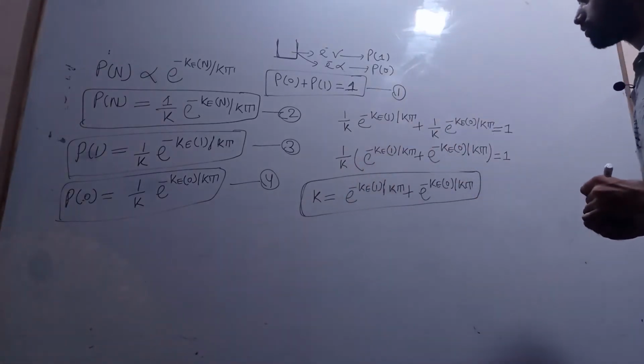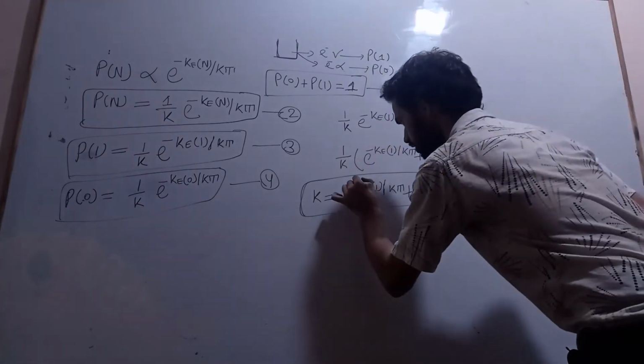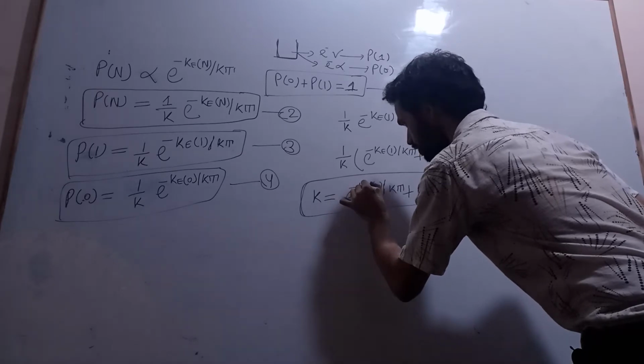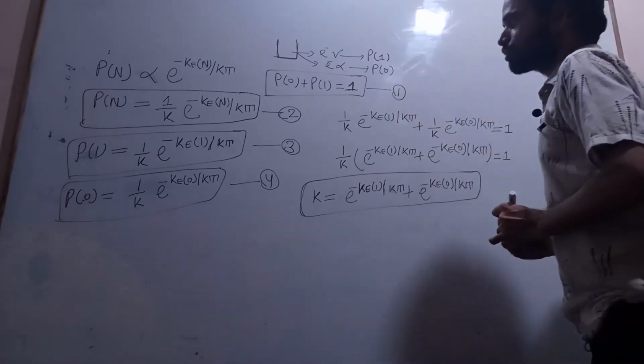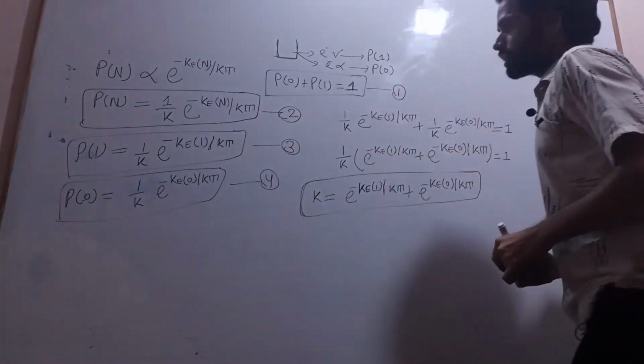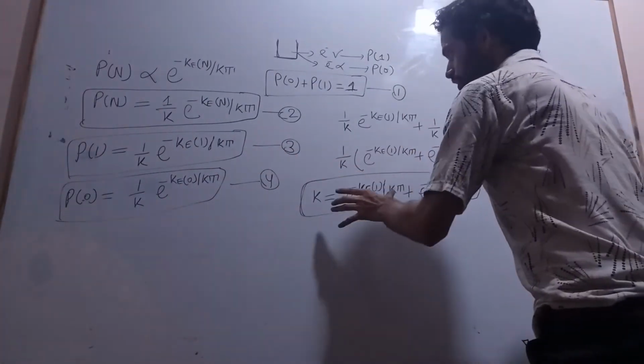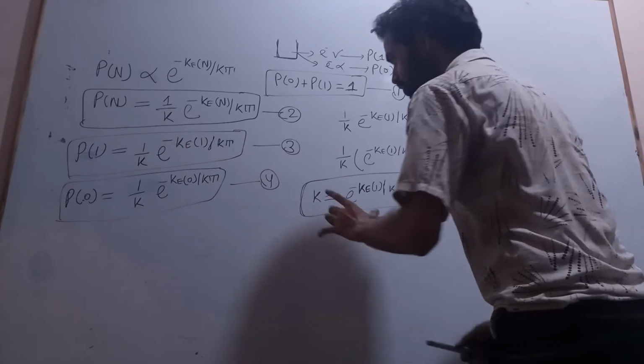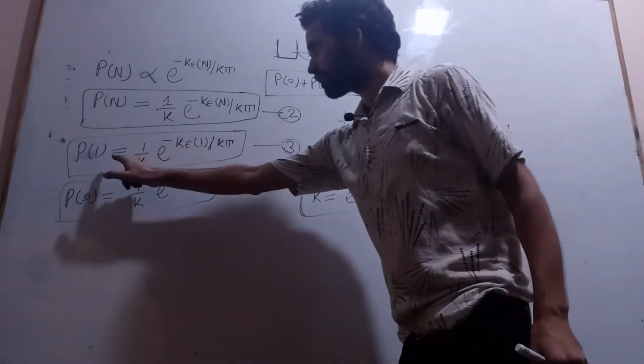Now just put this value in equation number 1, because we want to find p of 1.